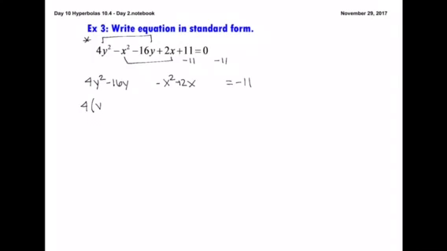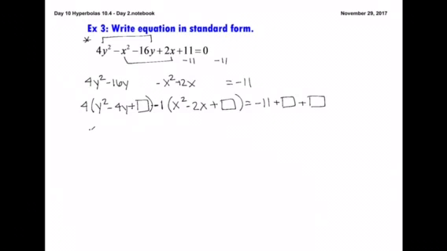So for our y's, we'll factor out a 4. For our x's, we're going to factor out a negative 1. Because it's a hyperbola, we need a negative in between our two ratios. Add your boxes to the opposite side.